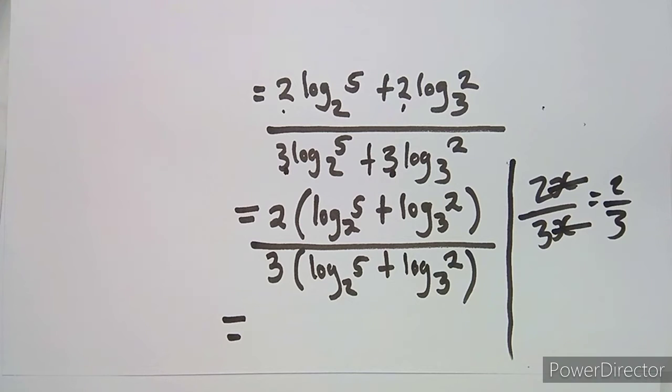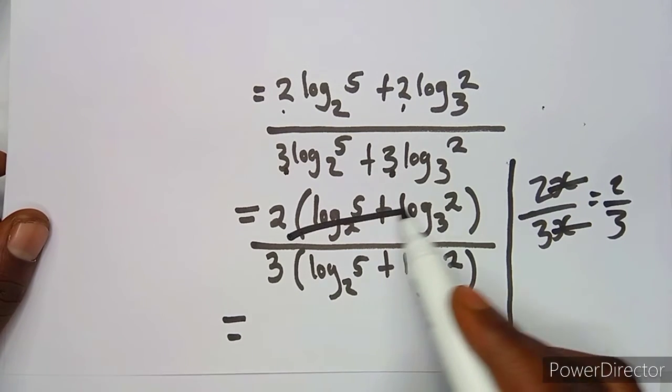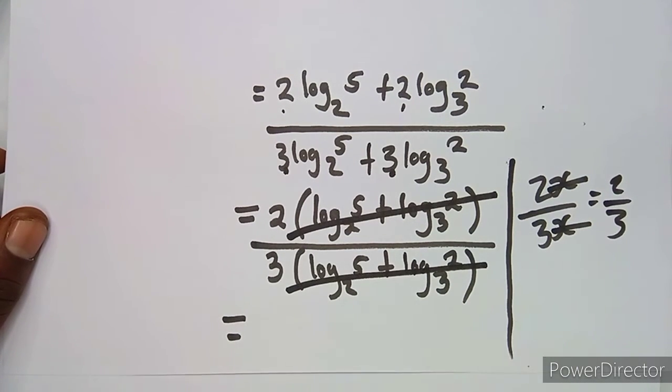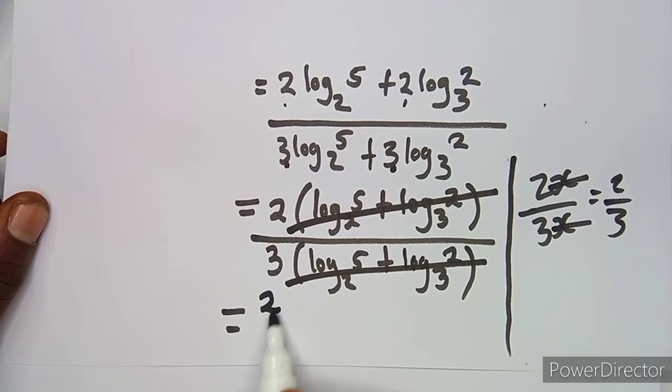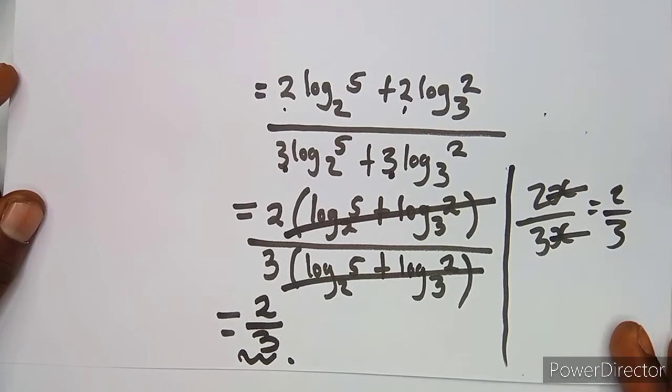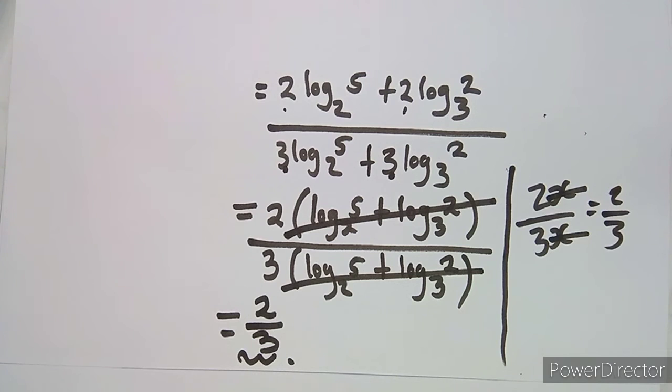These two brackets are the same, so I can cancel them out, so I'm just left with 2 over 3. So that is going to be the result. And as you can see, there's nothing I can do here. This is just 2 over 3. There is no log there. It's just a normal number, a normal fraction, 2 over 3. So that is the idea, or the concept behind these questions.